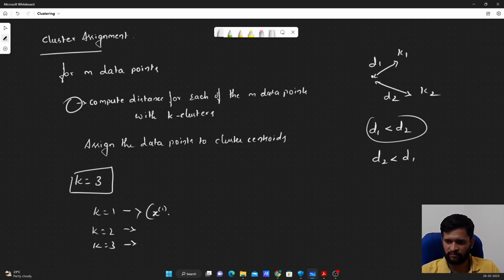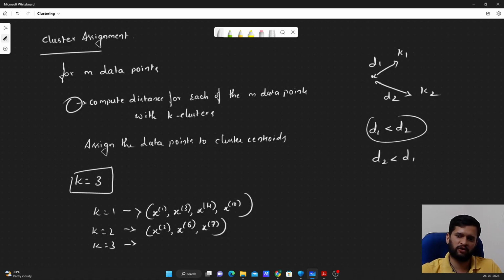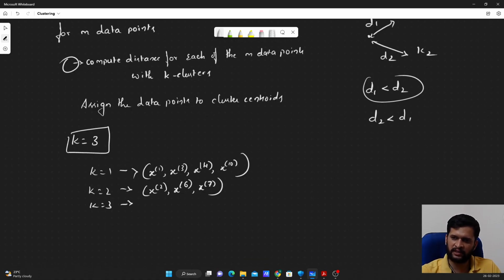So let's say x1, x3, x4 and x10 are assigned to k1. Similarly, x2, x6 and x7 are assigned to cluster centroid 2. These are data point representations, okay? In k3, the third centroid, we have x5, x8 and x9, okay?